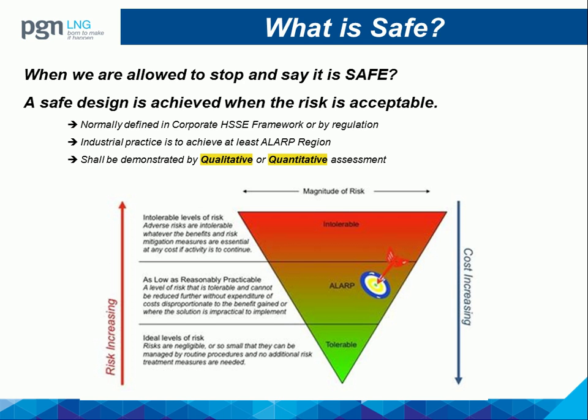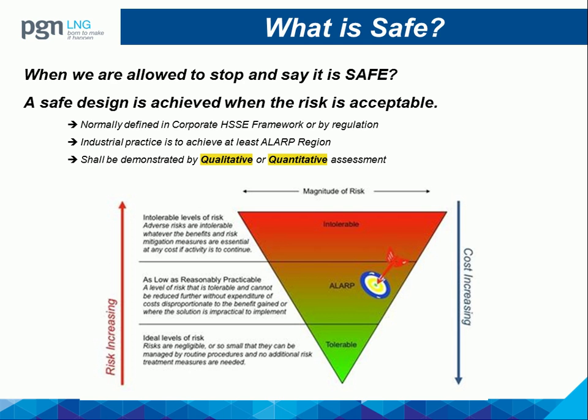And then sometimes you need to demonstrate the safeness of your plan by qualitative or quantitative assessment. So this is the upside down pyramid again, showing the risk and the cost, and when it is acceptable for us to say yes, it's safe.